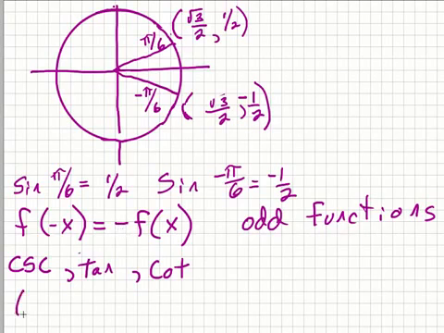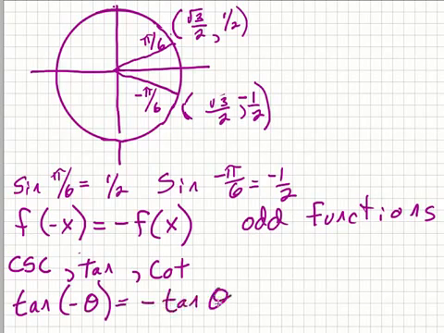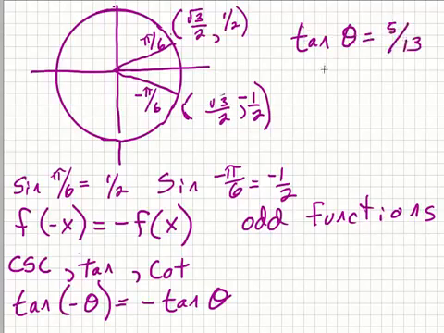In other words, tangent of negative theta is going to be negative tangent of theta. So if somebody tells me that tangent of some angle is 5/13, then that tells me that tangent of negative of that angle, without knowing anything about the angle, is going to be negative 5/13.